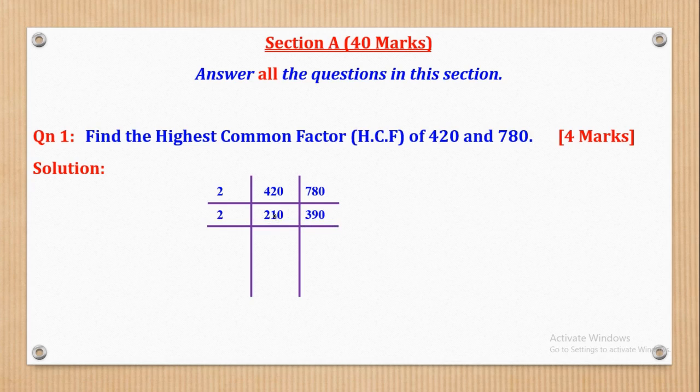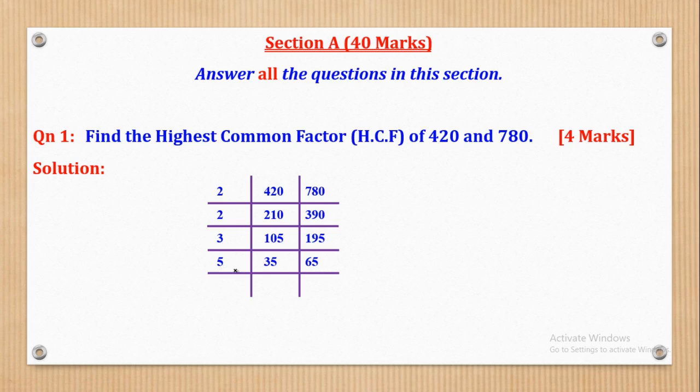So 210 divided by 2 you'll come up with 105, and 390 divided by 2 you'll come up with 195. Then both these numbers are divisible by 3. So 105 divided by 3 you'll come up with 35, and 195 divided by 3 will come up with 65.